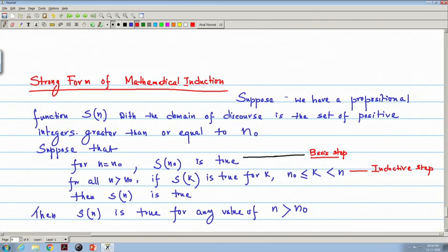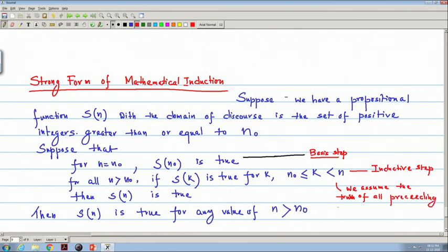That means I can write the inductive step, we assume the truth of all preceding statements.